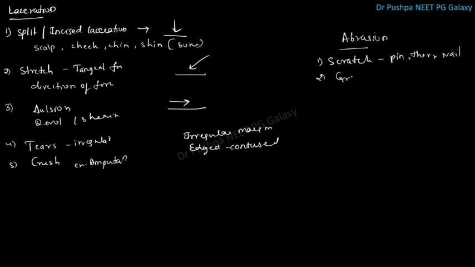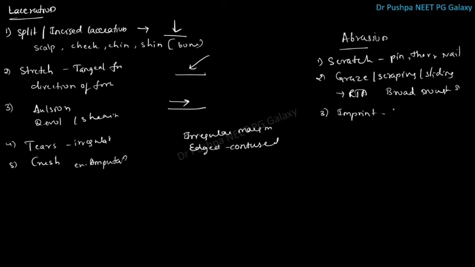Second one is graze or scraping or sliding. So it is most common type of abrasion. It is seen in case of RTAs, where if patient fell down on surface, broad rough surface, it causes this graze or scraping. It is commonest.